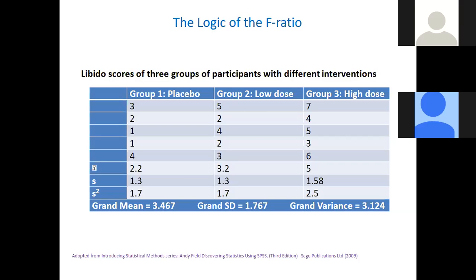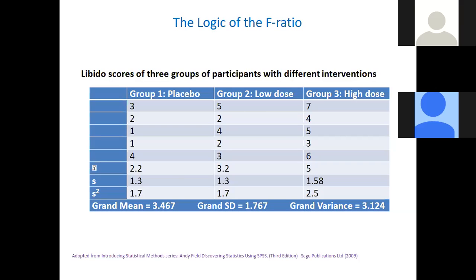And the total variance is the addition of variance between and within. Now, if you remember, how did we calculate variance? We calculate variance by removing the mean from each data value, and that is the deviation from the mean, and square it.